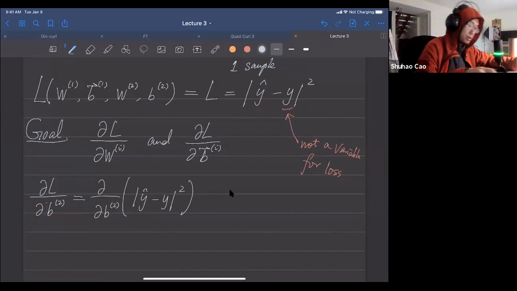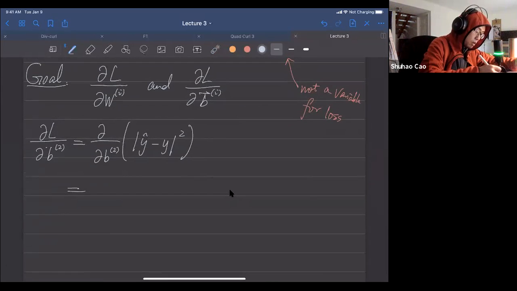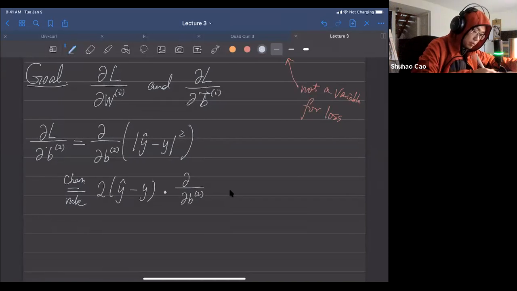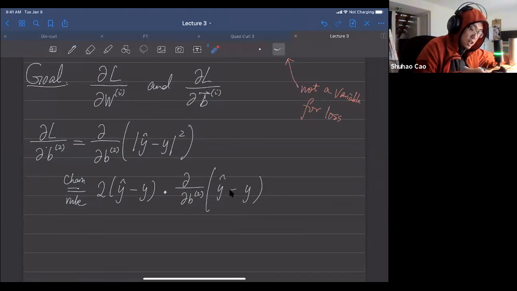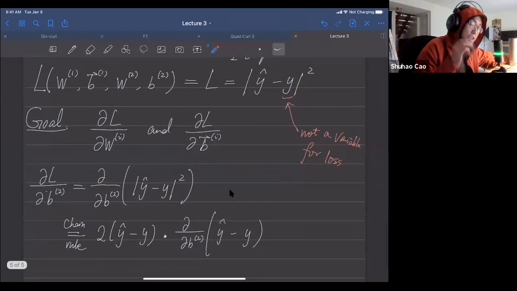And now we apply chain rule. This is 2 times y hat subtract y times the derivative of y hat subtract y. So I assume everyone is okay so far. This is just the application of chain rule, nothing fancy. The key is, like I said here, we have to acknowledge that y is our data, it is not a variable of the loss function.